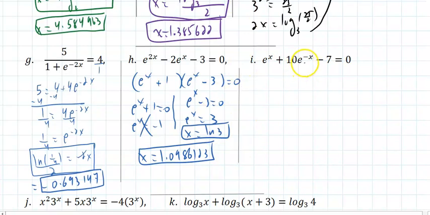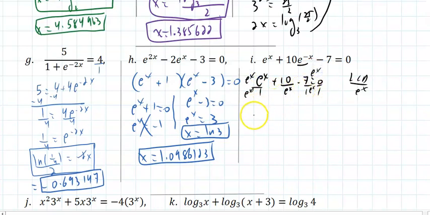And here, well, this is a negative power. That's e to the x plus 10 over e to the x minus 7 equal to 0. The LCD for this problem is e to the x. So multiply this by e to the x top and bottom, this by e to the x top and bottom. That would be e to the 2x, or e to the x squared, that's what this is, plus 10 minus 7 e to the x equals 0.